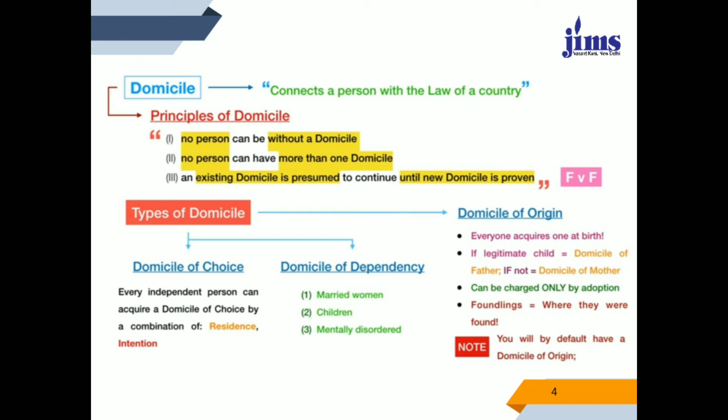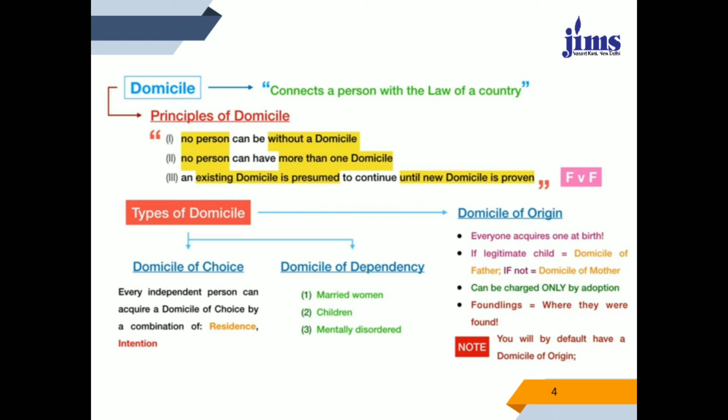Next, no person can have more than one domicile, because a person is presumed to be staying at one place at a time. An existing domicile is presumed to continue until a new domicile is proven, and the proof has to be provided by that person.